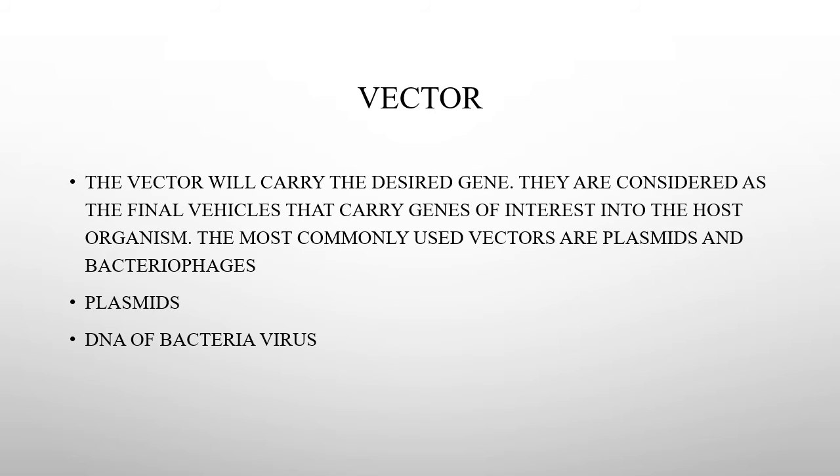What are plasmids? Basically, plasmids are natural extrachromosomal circular DNA molecules, and they are the most common type of vector. Plasmids can cause resistance against certain antibiotics, and they have a very significant role in bacteria.